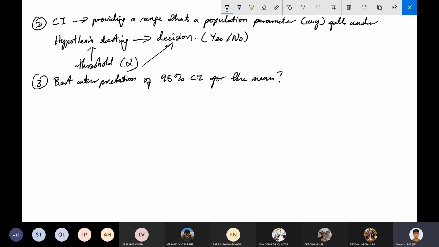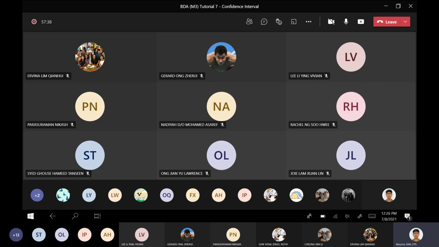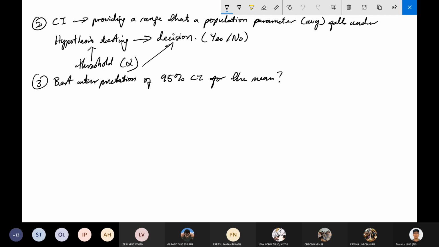It's actually directly from your lecture notes. So, Rachel? We are 95% confident that the interval from x to x contains the true value of the population mean.